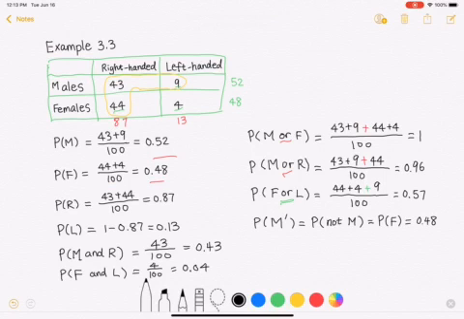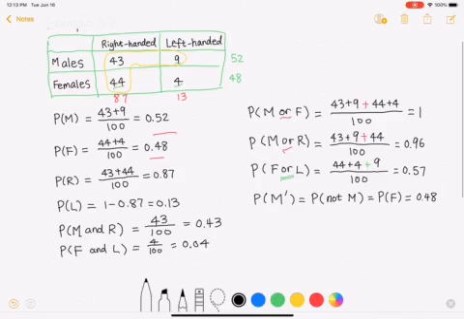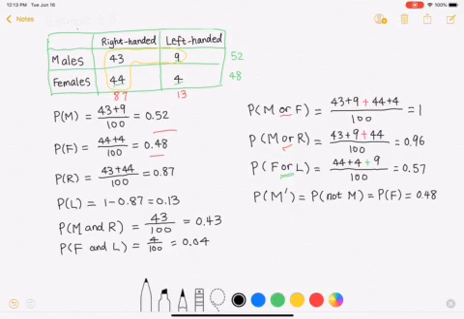The next few will not be as intuitive, so they are a little bit involved. Find the probability of right-handed given male. What does this mean?